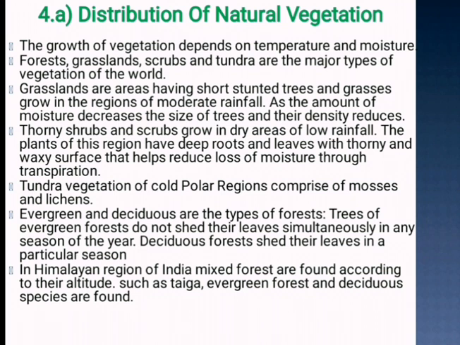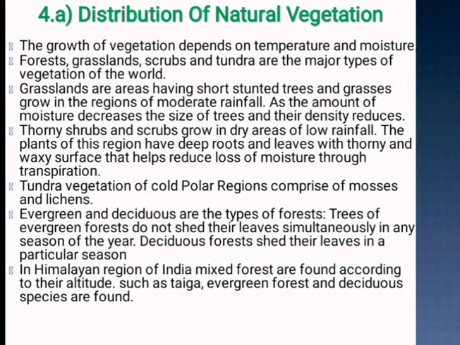Evergreen, throughout the year it is green in color. That means these trees will not shed their leaves in one particular season. But the deciduous forest, during the autumn season, the trees used to shed their leaves in order to prevent water usage in the summer season.